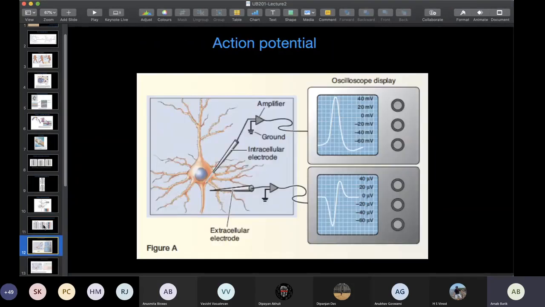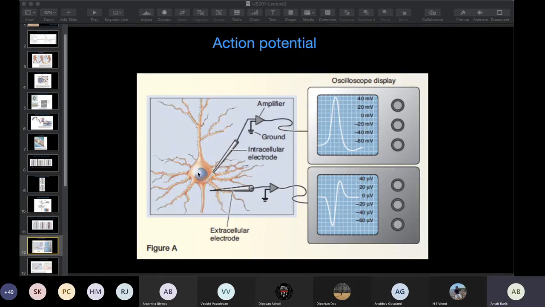So as I said, what happens in an action potential, what you're going to see is that when the action potential comes, or when there's electrical transmission, you can have an electrode filled with potassium chloride inside the cell, and you have a reference electrode that is ground. What you're going to see is the difference between both of them, something like this, where in the oscilloscope you're looking at the change in voltage.